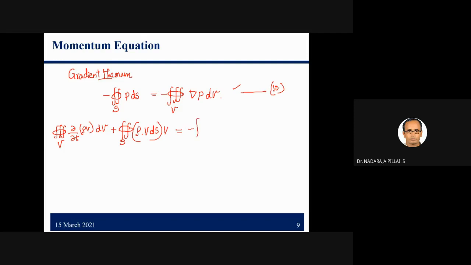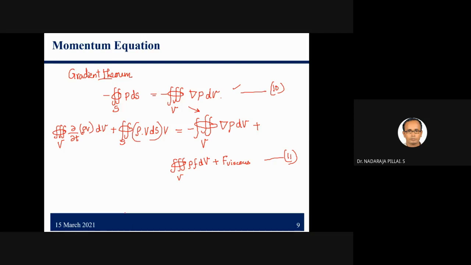Pressure force can be written as triple integral over volume V del P into dV plus the body force, that is triple integral over V rho F dV plus F viscous. So let us say this is the 11th equation because we have reduced this with the gradient form.